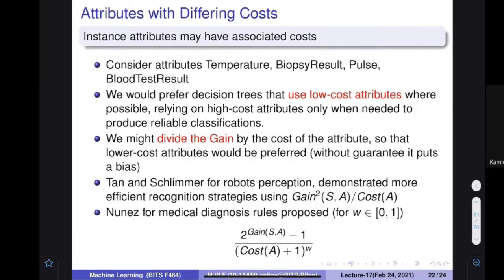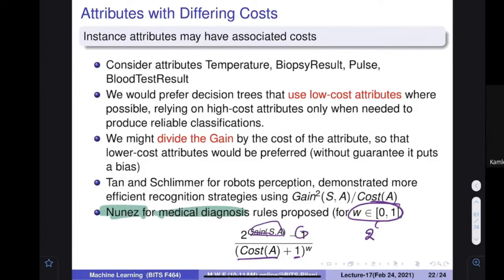Nunez, etc. actually did an experiment in medical diagnosis, and they proposed the value 2 to the power of information gain minus 1, divided by the cost of that particular experiment plus 1, to the power w, where w is some value between 0 and 1. So this is a better way.